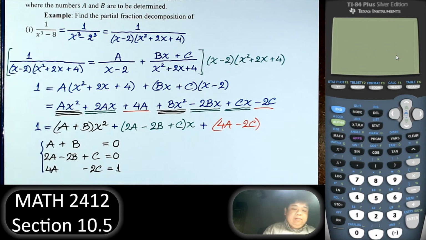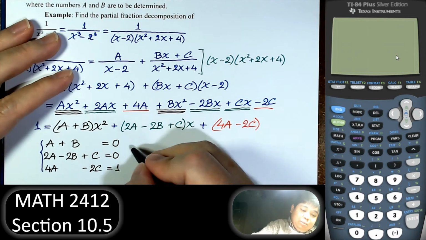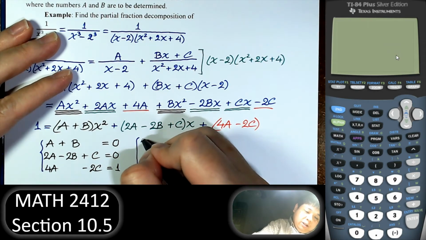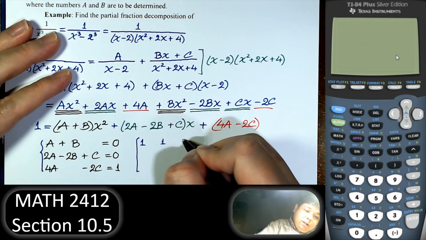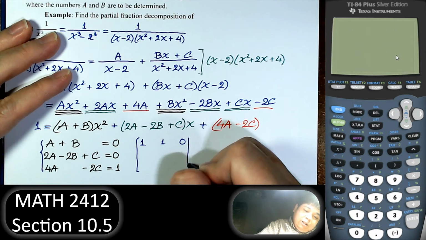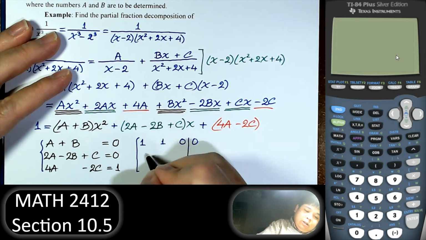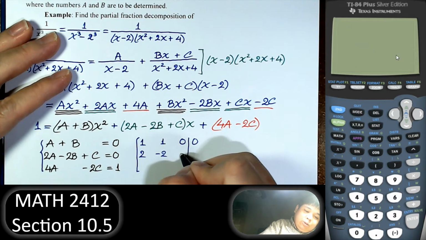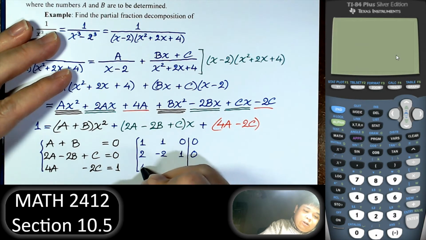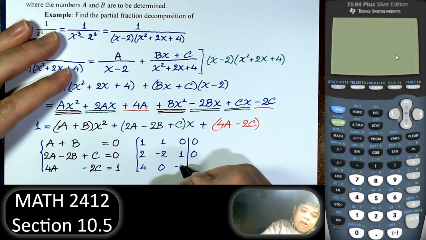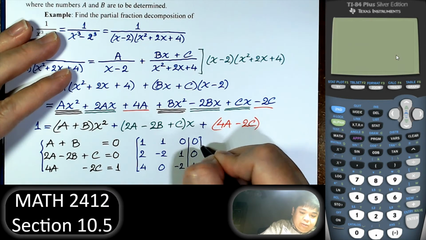So that's 1. Right, and then I put that in the matrix. 1, 1, 0, 0; 2, negative 2, 1, 0; 4, 0, negative 2, and 1.